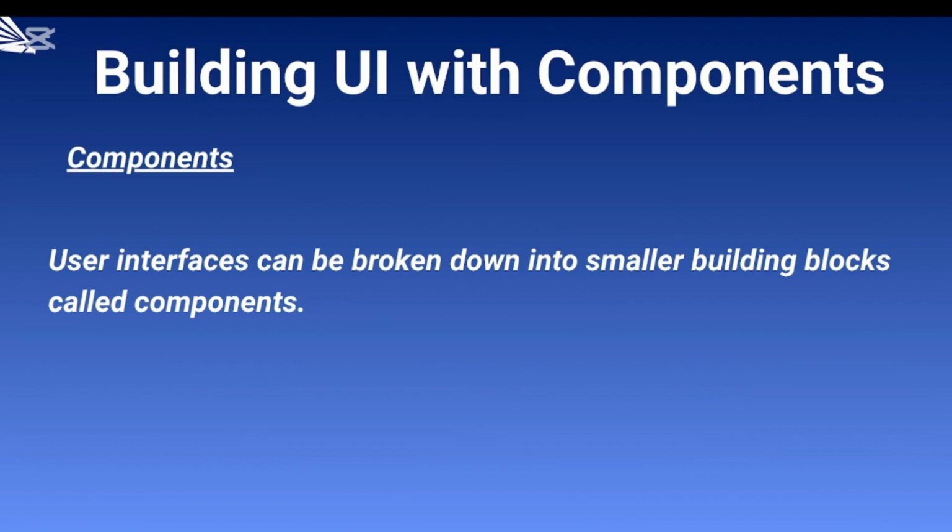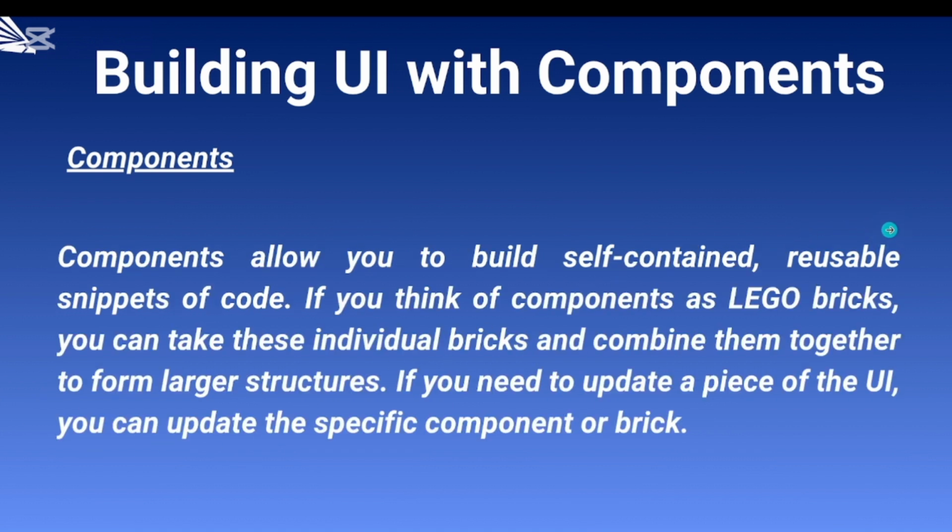large structures. If you need to update a piece of the UI, you can update a specific component, or a brick. You could imagine a house whereby you have your rooms, parlors, and all built separately, and then when you put together these rooms, parlors, your toilets, it forms the whole building.